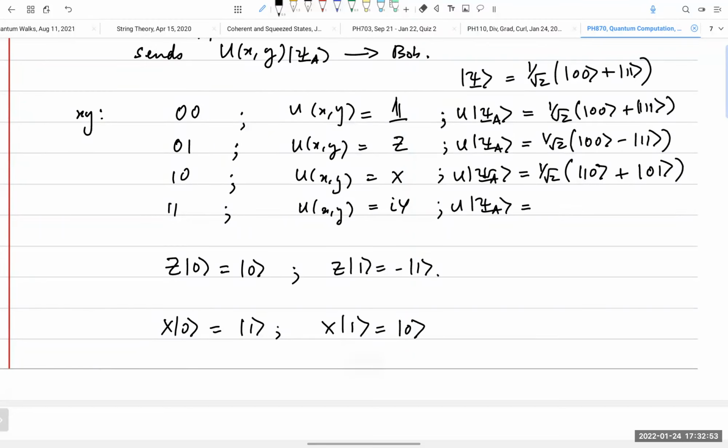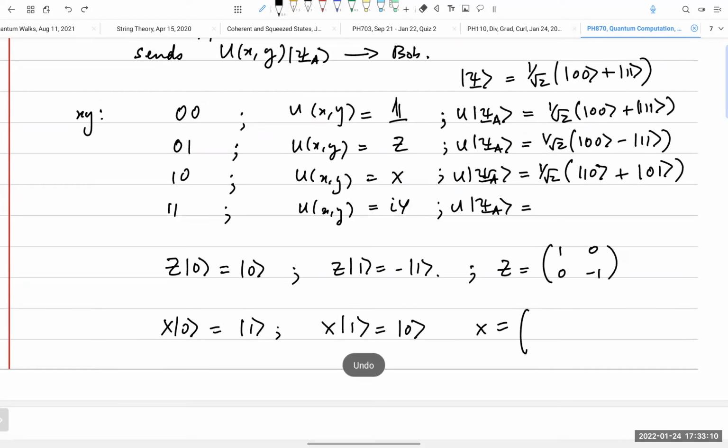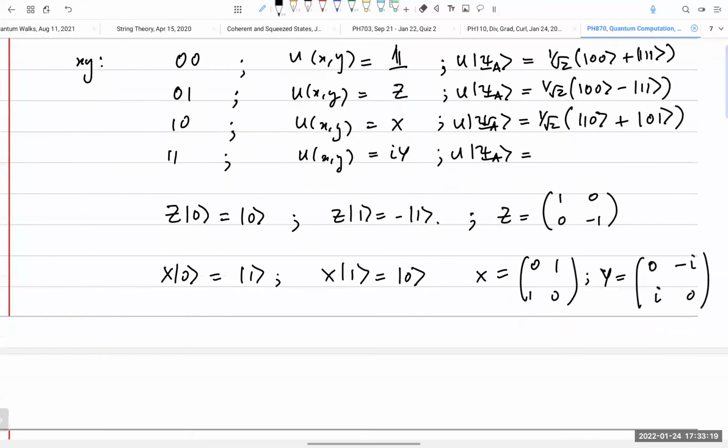And if she applies iY, so iY is the following. Let me write them down again. This is Z, this is X, and then Y is this expression. If you write down i times Y, you get [0, 1; -1, 0].